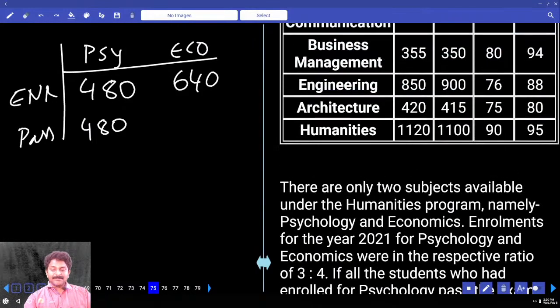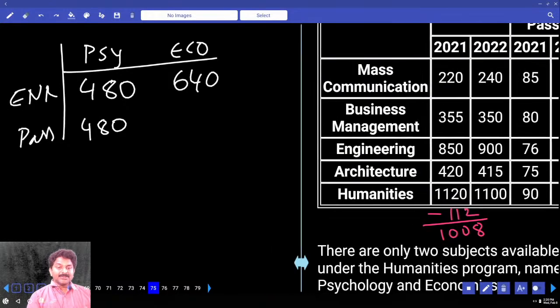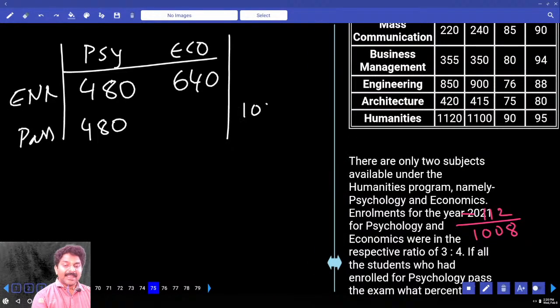Which year is this? 2021. Humanities, what percent of the people got passed? 90%. That means subtracting 10% only, which is equal to 1008. So out of 1008 passed candidates in psychology, 480 people are there.